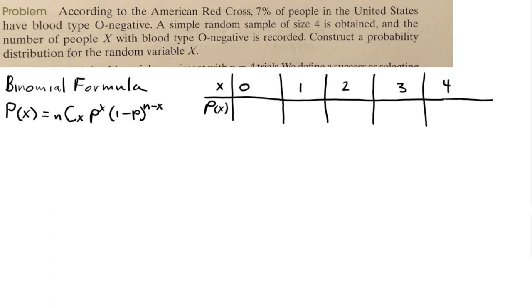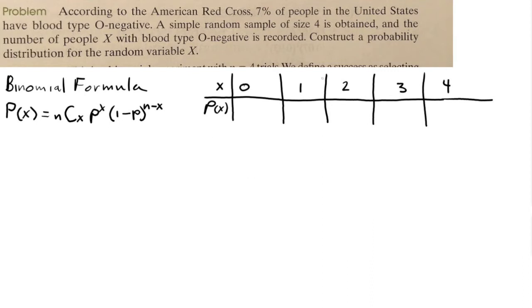According to the American Red Cross, 7% of people in the United States have blood type O negative. A simple random sample of size 4 is obtained, and the number of people, X, with blood type O negative is recorded. Construct a probability distribution for this random sample. So we've talked about probability distributions before.